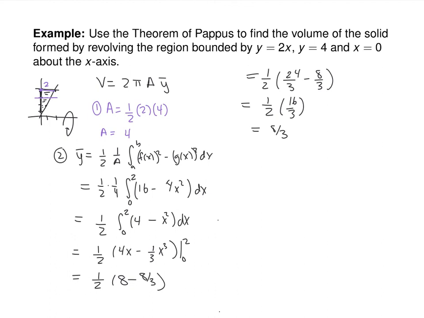And using our theorem of Pappus, the volume is 2 pi times 4 times 8/3, or 64 pi over 3.